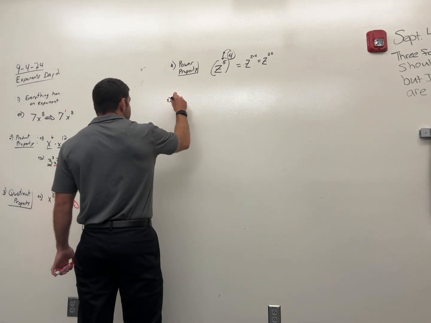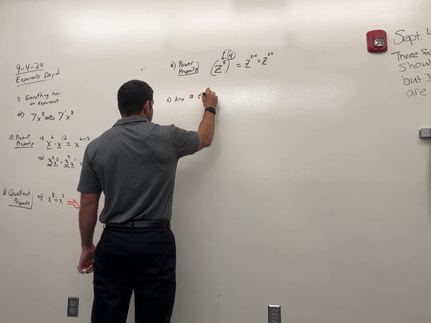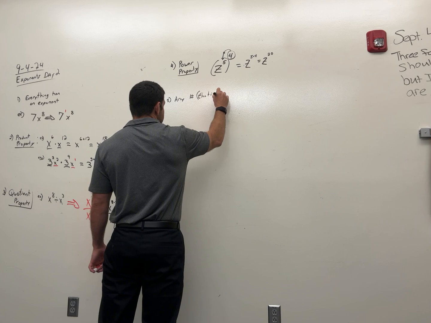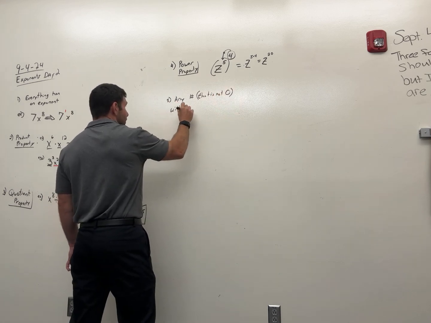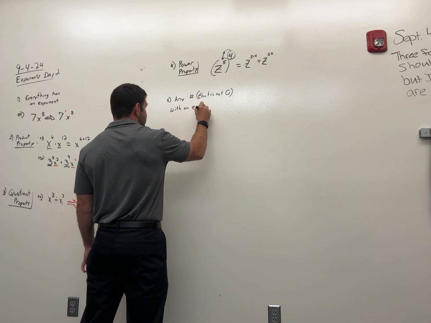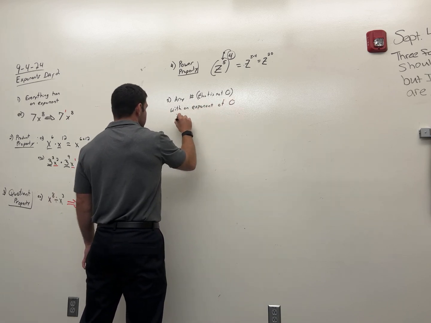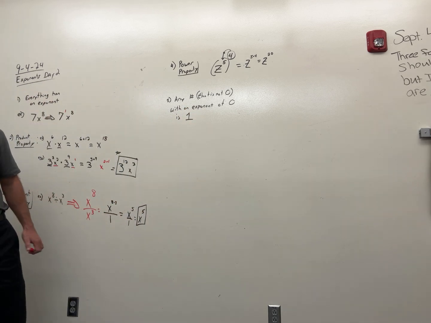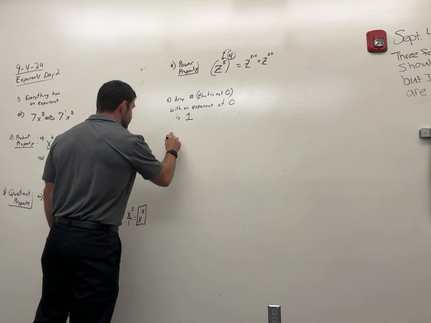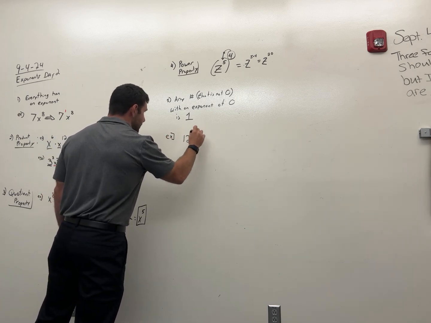Rule number 5. Any number that is not 0 with an exponent of 0 is 1. As soon as you see something like this, 128 to the 0 power.